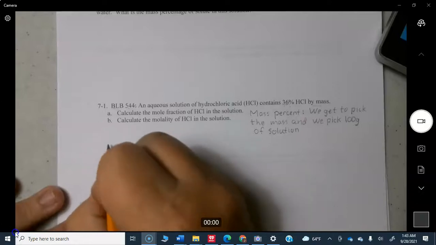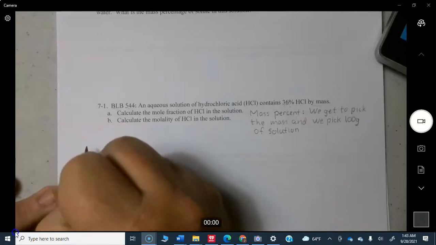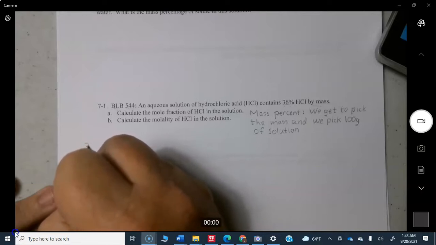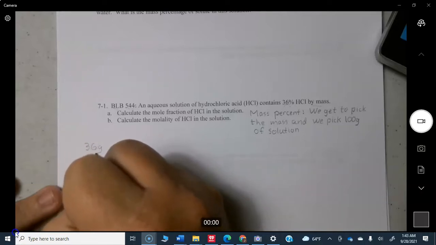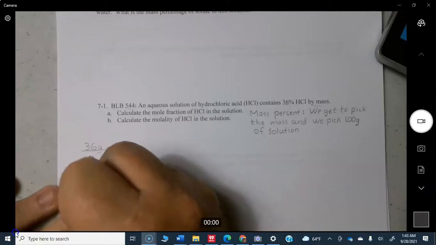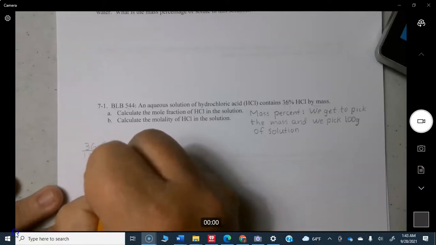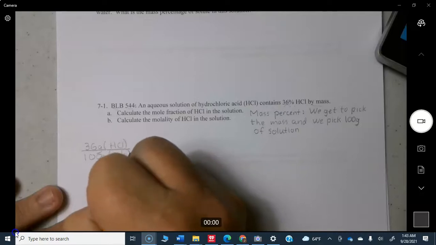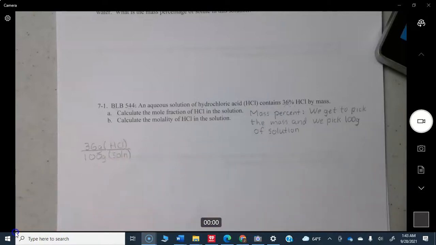So you're going to start with 36 grams, and I'm going to use every bit of page that I have here. So 36 grams over 100 grams, let me be more specific, of HCl over 100 grams of the HCl plus the water, the solution. Alright, okay, so that's what you're starting with.